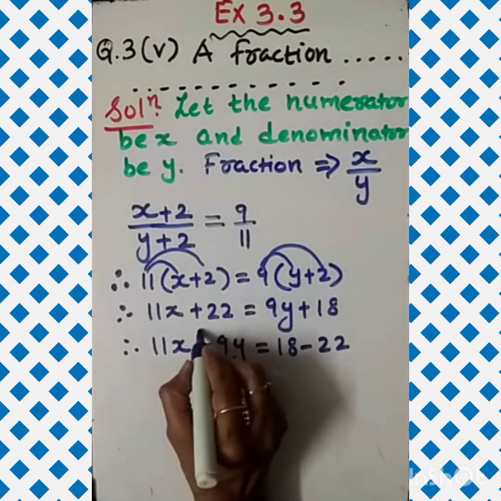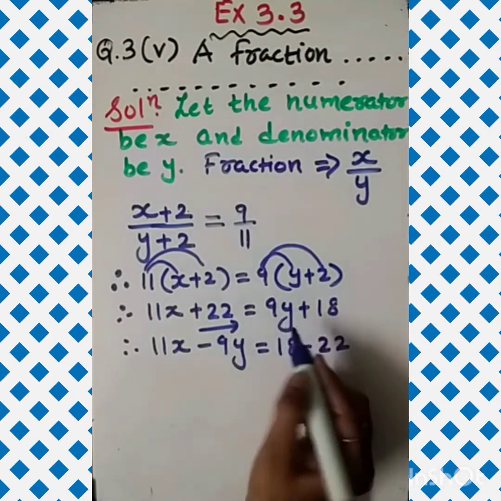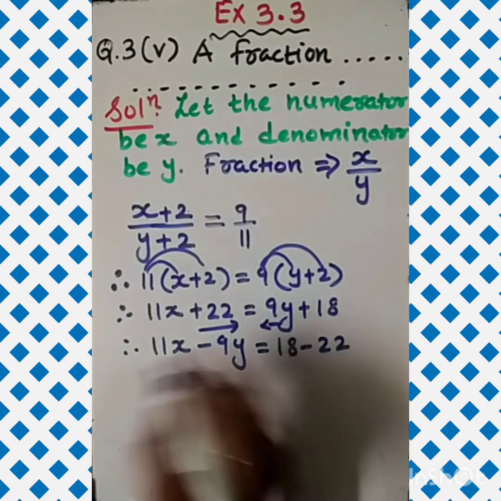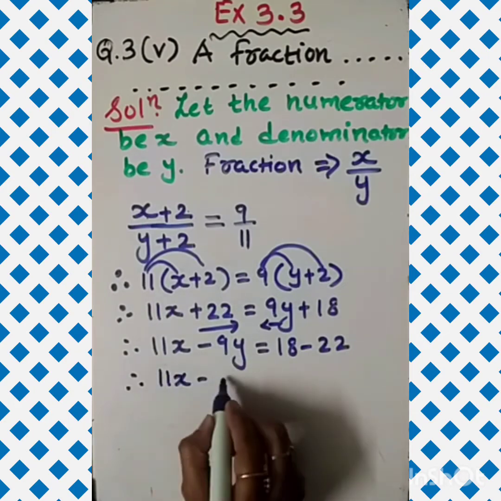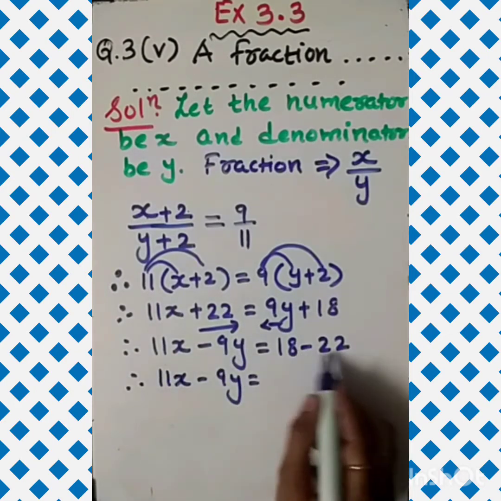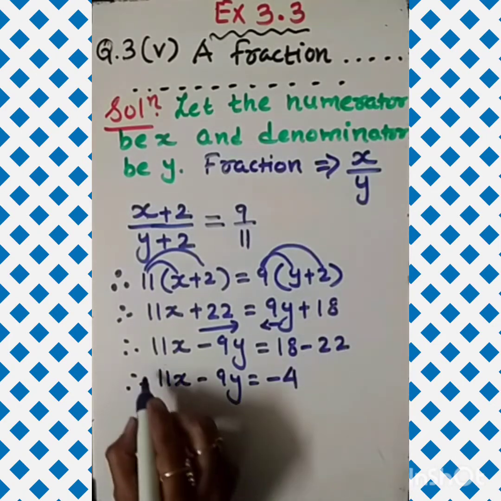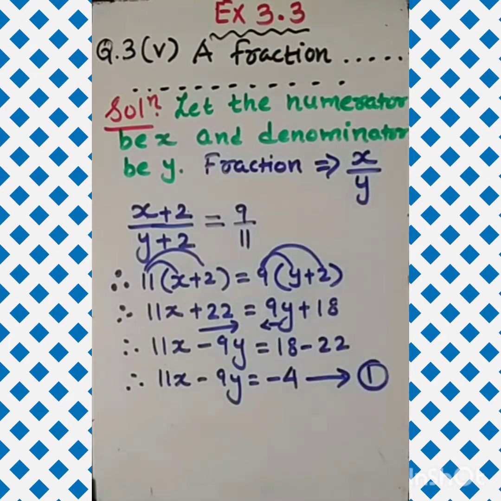I am transposing this to the right side, and this y term I am transposing to the left side. Therefore, 11x minus 9y equal to, of course, minus 4. Don't forget to mention minus. Let's call this result number 1, because it is a simple, normal equation.